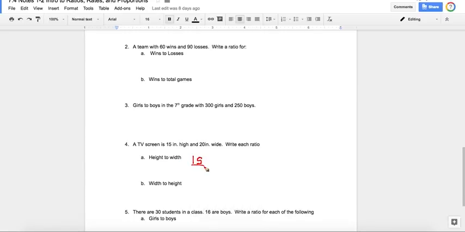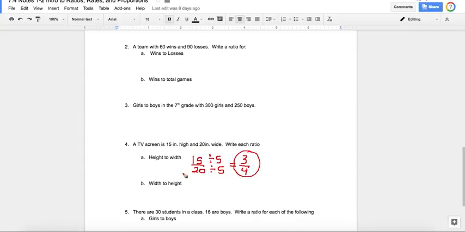And the width is 20, so we're going to do 15 over 20. Now, one ends in a 5 and one ends in a 0, so I can always divide by 5. 15 divided by 5 is 3, and 20 divided by 5 is 4. So this simplifies to 3/4.